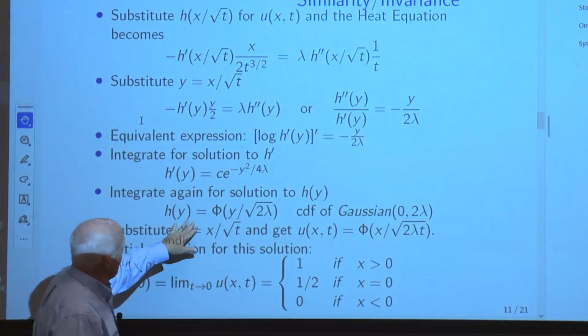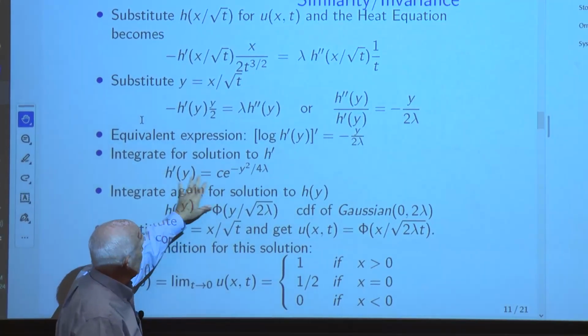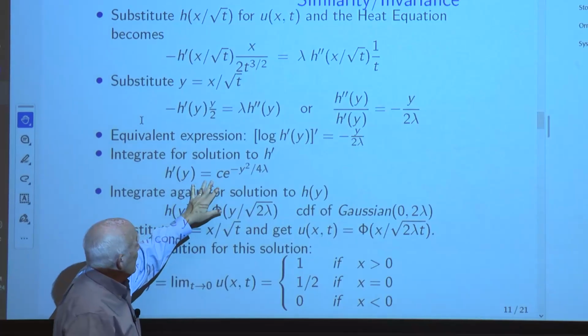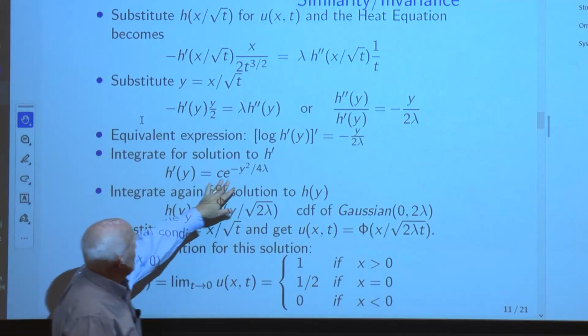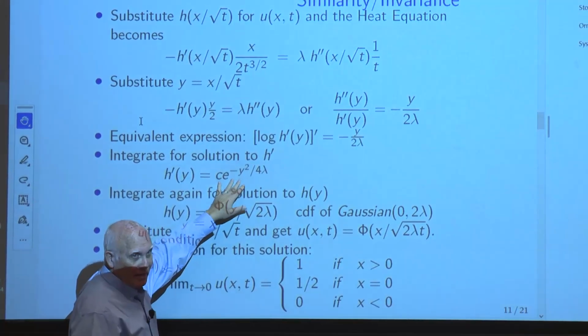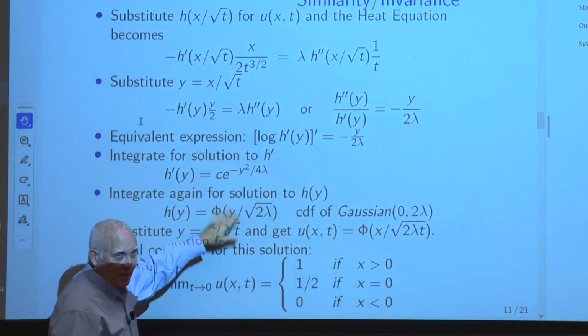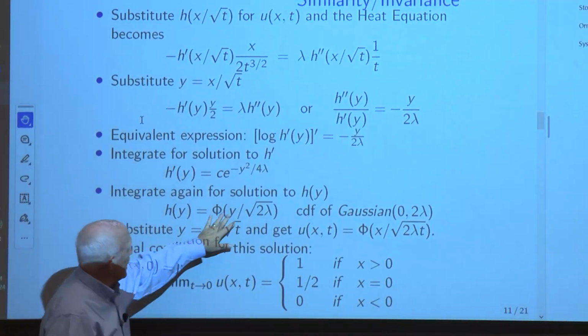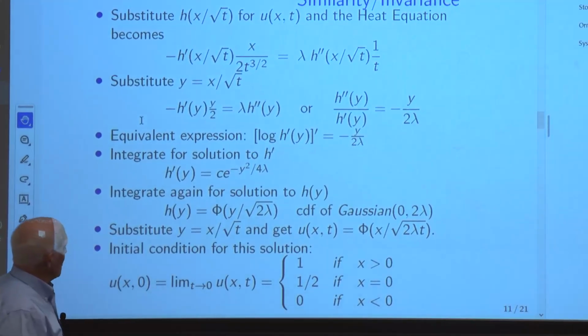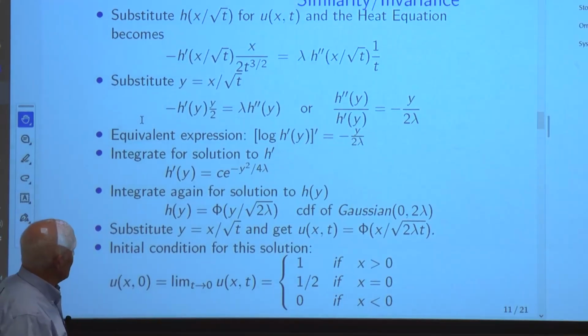And it turns out that we're basically integrating a Gaussian density function. This is proportional to a Gaussian density. So one antiderivative is actually the cumulative standard normal evaluated at y over 2 root 2 lambda.